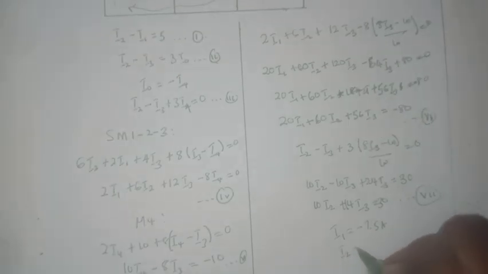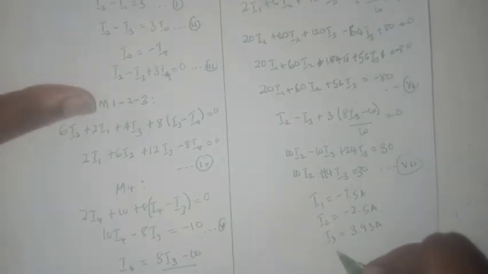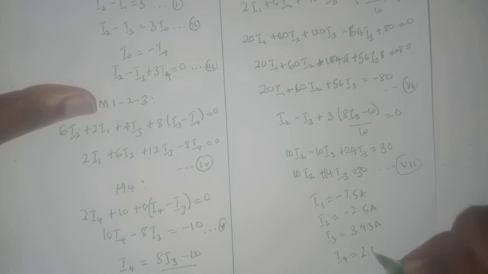I2 equals minus 2.5 amperes. I3 equals 3.93 amperes. And I4 equals 2.144 amperes.